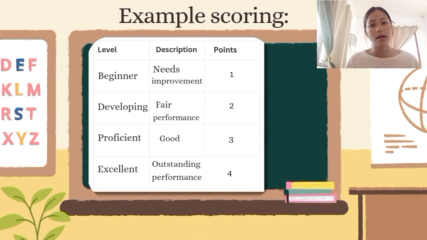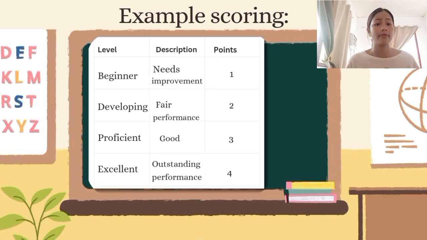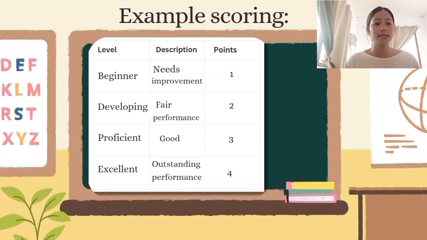So, when teachers assess students' work, they simply select the level that best describes the student's performance, and the corresponding points are recorded. These points can be added or averaged to produce the final scores.